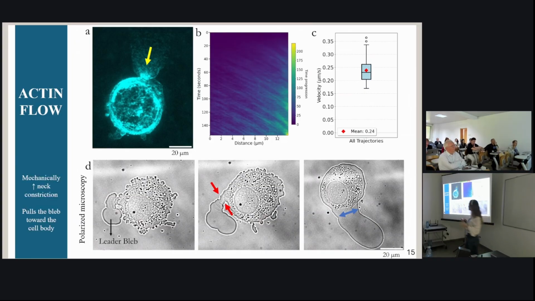So it is possible to see that this actin flow is not only contributing to increasing the constriction of the neck, but also pulling the bleb toward the cell body to protect the cell. However, after a period of time, the ATP is depleted in the cell, so the actin is no longer able to be recruited to these regions, and the cell just starts expanding until rupture.